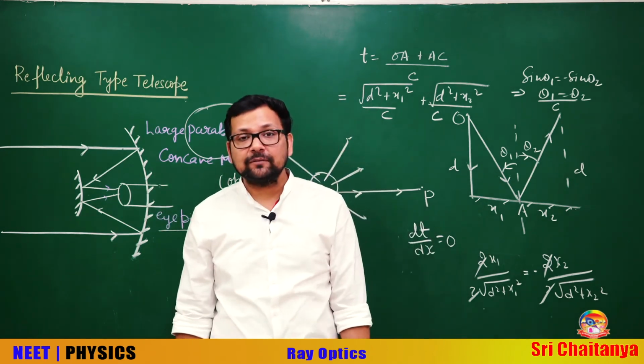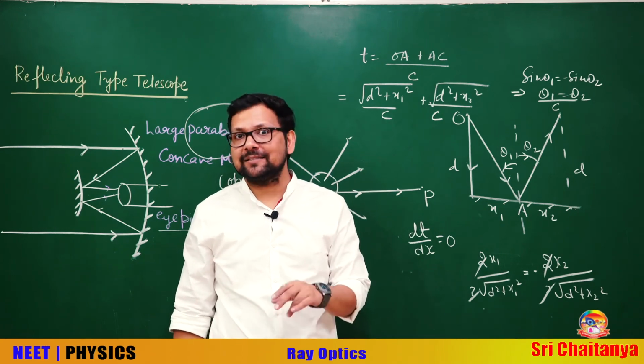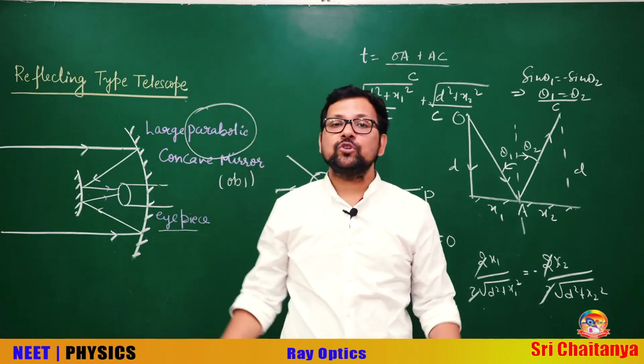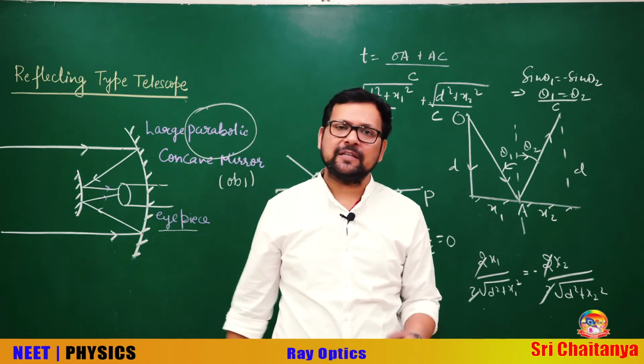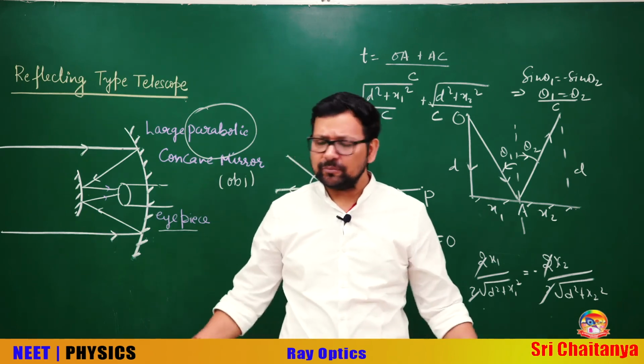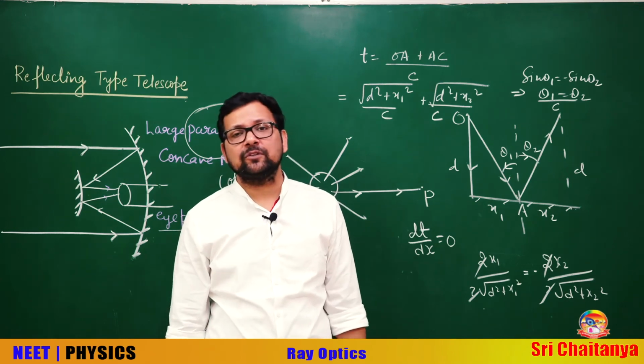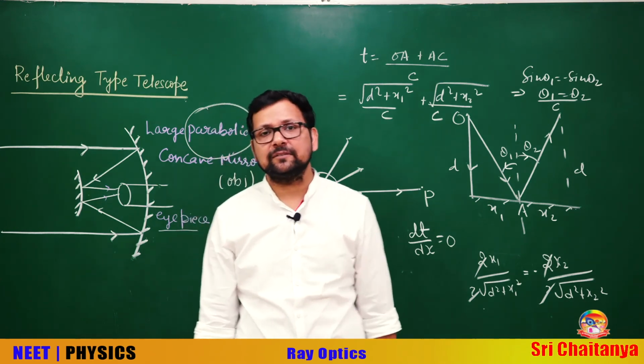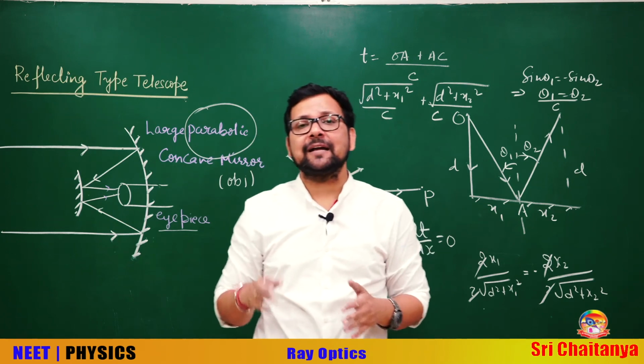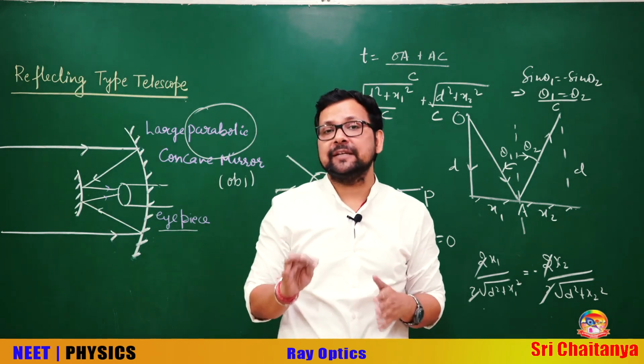After that formula there is the lens concept, the most important one: cutting of a lens, silvering of a lens, combination of lenses, lens maker's formula, and the effect of focal length on refractive index and radius of curvature. These are the small details needed for solving questions in NEET.